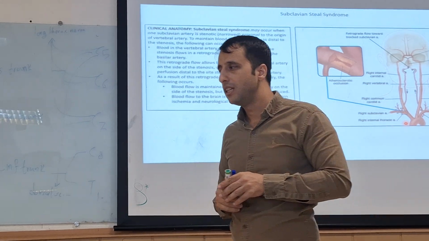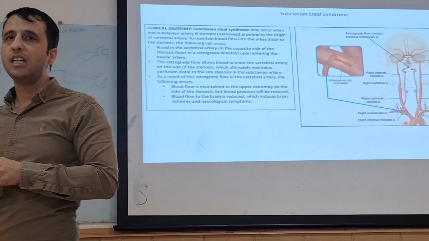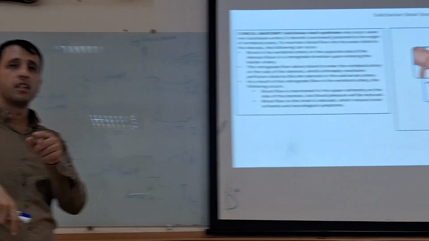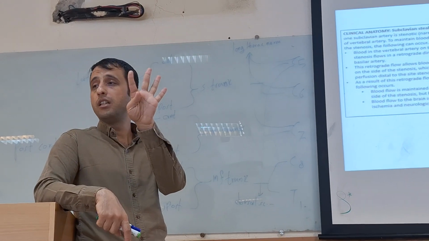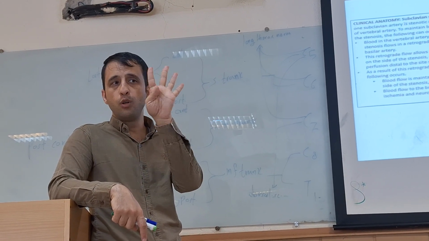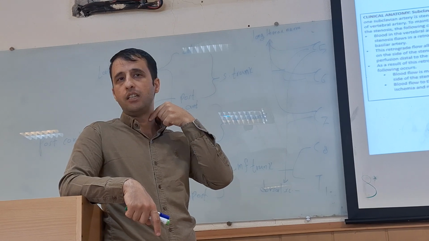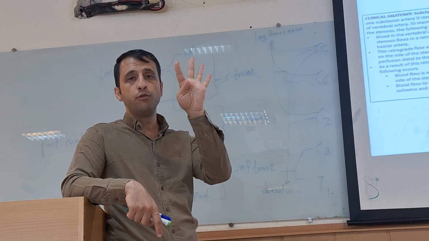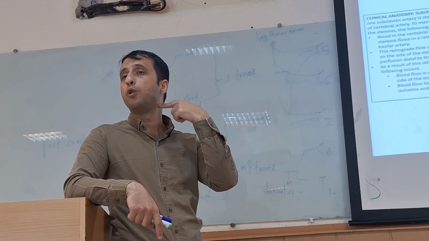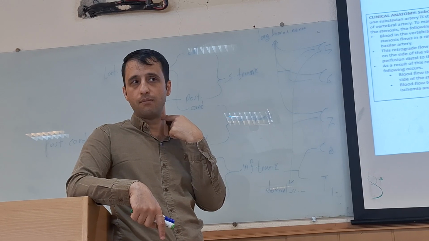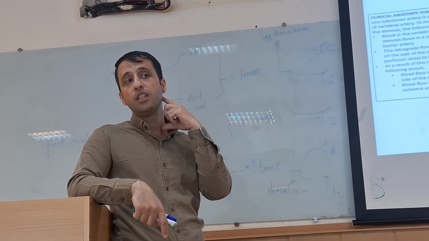Another point is the sensory supply of the neck. You know that I have four superficial nerves in this area. Yes? These four nerves emerge at the posterior border of SCM, in the midline.